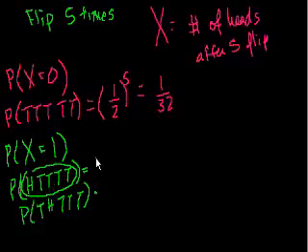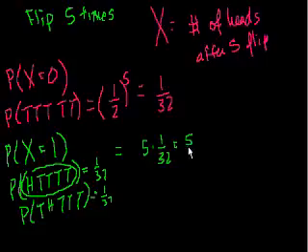There are 5 situations like this, because the head could be in any of the 5 spots. So the probability that we have exactly 1 head is 5 times 1 over 32, which is 5 over 32. Fair enough.